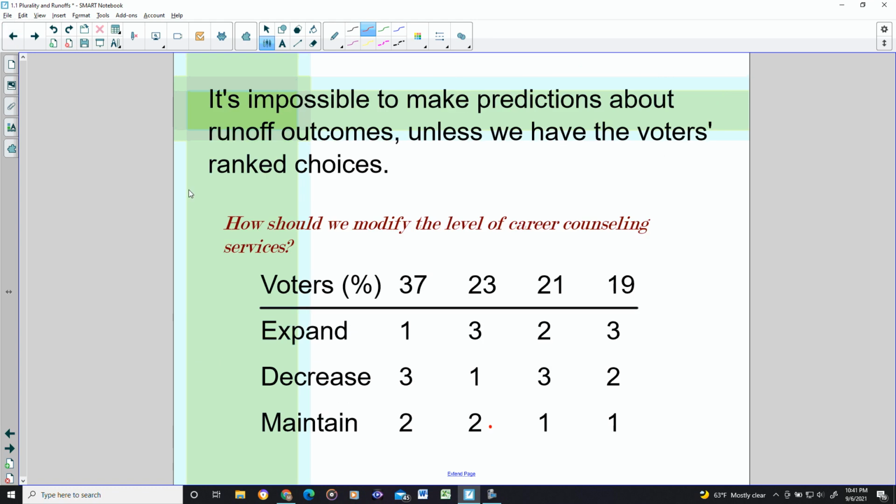Okay. Now, it's impossible to make predictions about runoff outcomes, right, just based on the original election, unless we have the voters' ranked choices. This is the main system here. In Maine, I kind of jumped the gun a little bit on my lecture before. In Maine, what they do is they rank the candidates.